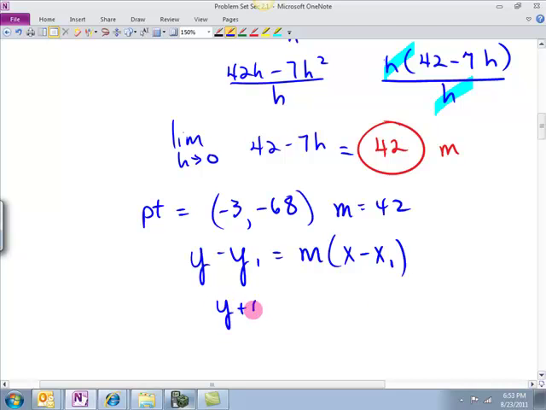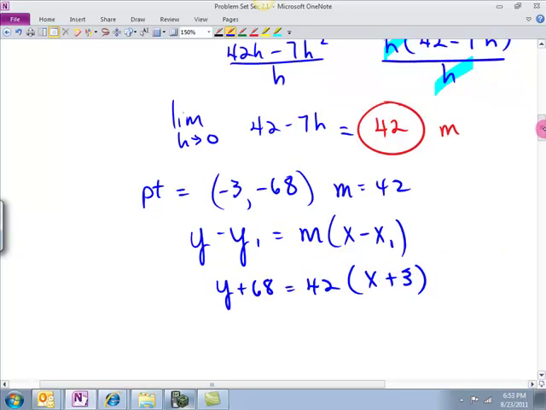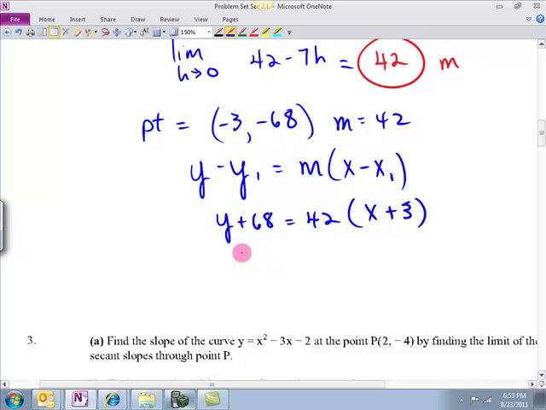So y plus 68 equals 42 times x plus 3, and then you clean it up. What is that? 58.